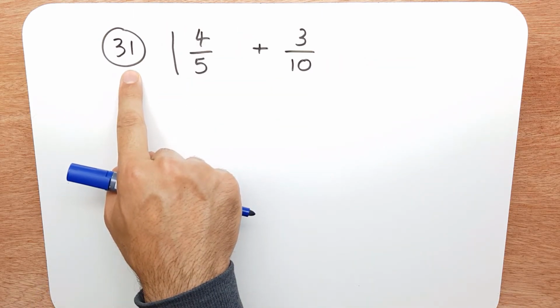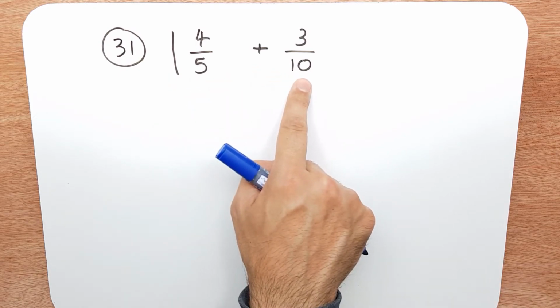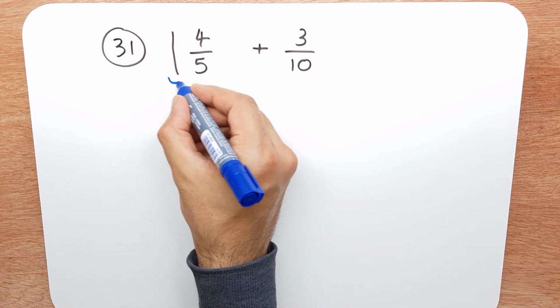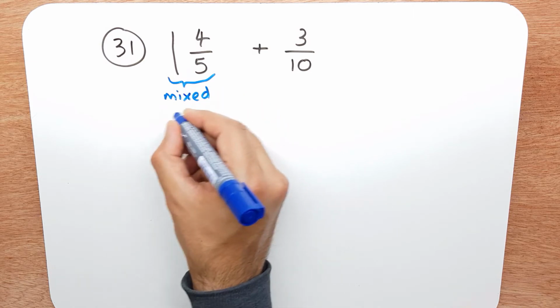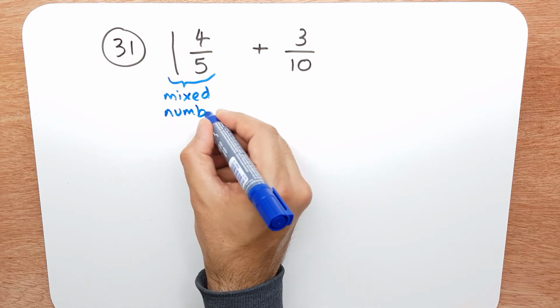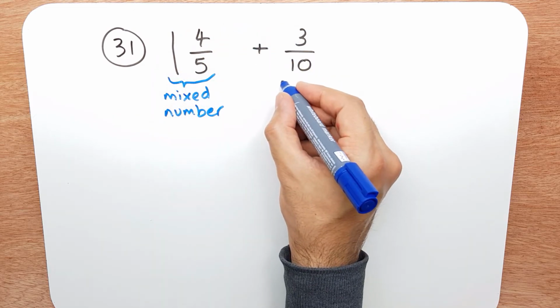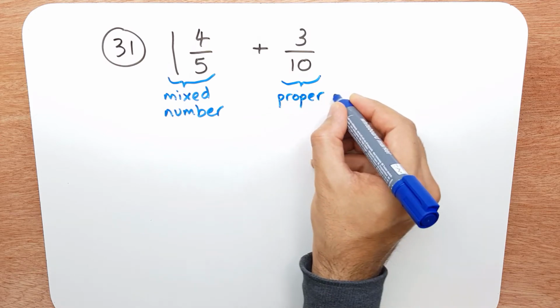Question 31 is 1 4/5 plus 3/10. So now we have a mixed number. This is a mixed number because you've got the whole part and the fraction part, and you've got a proper fraction.